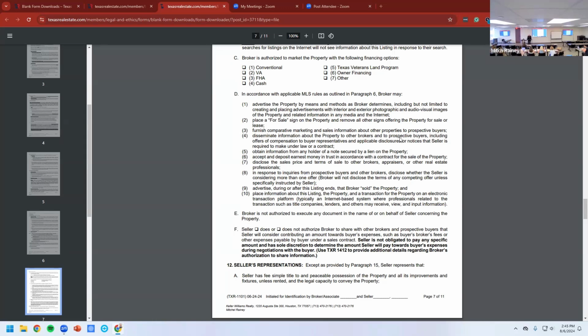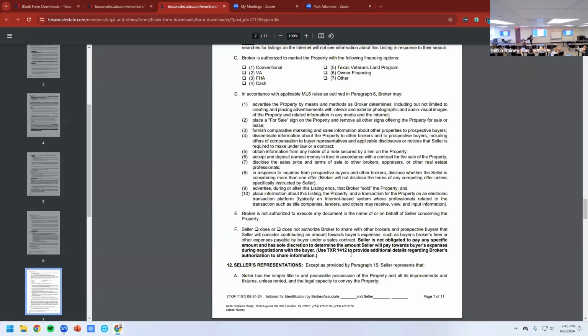Seller is not obligated to pay any specific amounts and has sole discretion to determine the amount seller will pay towards buyer's expenses during negotiations with the buyer. Use 1412 for that. Remember in paragraph 12 of the contract, seller's contributions, we put the amount in there. This is the seller saying that, depending on the offer, I may negotiate to offer compensation.